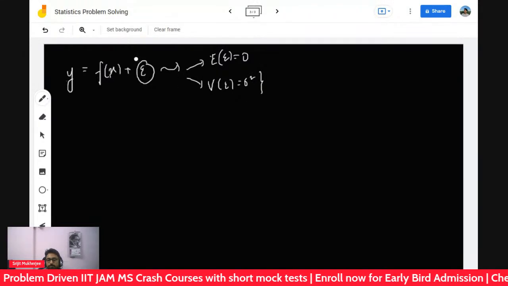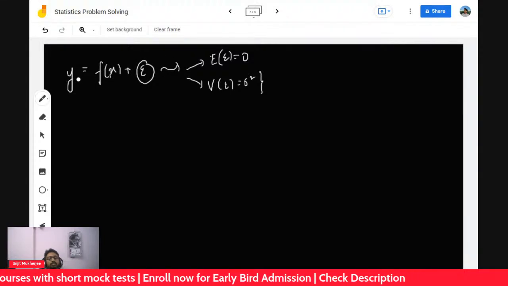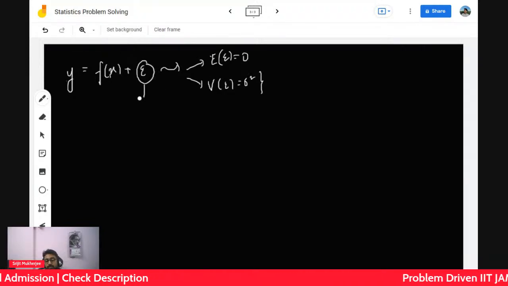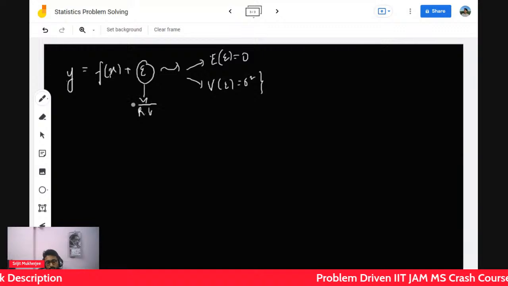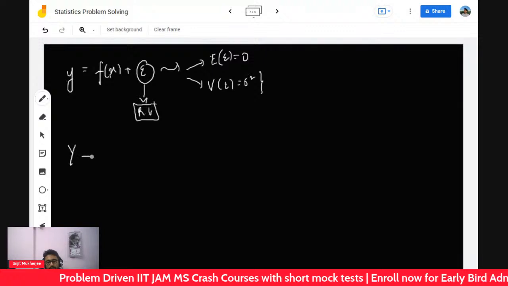So this is the basic idea. Y is a random variable which follows f(x) plus epsilon, where epsilon is a random variable, and f(x) is a constant in some sense. We have to find the f. So therefore y is also a random variable.